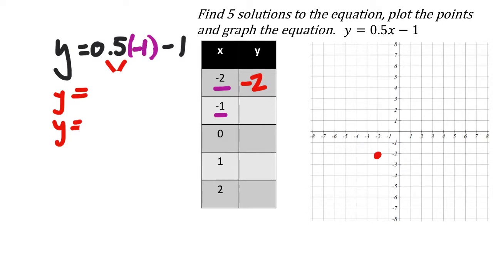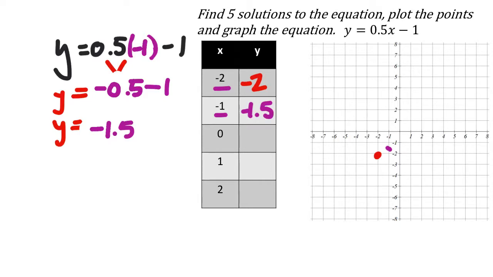Solving this, 0.5 times negative 1 is negative 0.5. And then minus 1 is going to make that negative 1.5. So I got negative 1, negative 1.5 as an ordered pair. So negative 1, negative 1.5, it's about right there. And again, we see a relationship happening between that red and purple point.